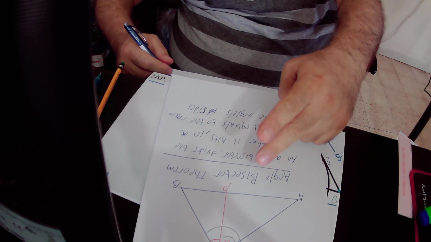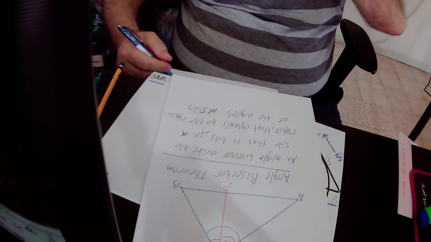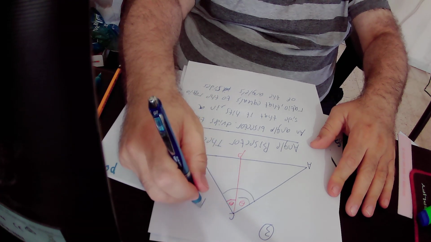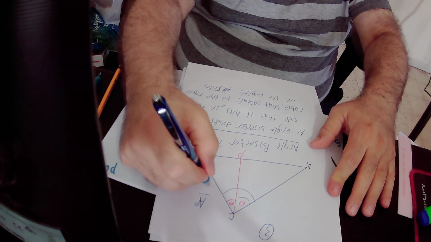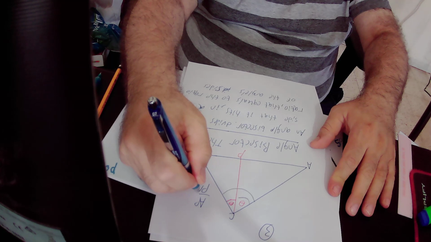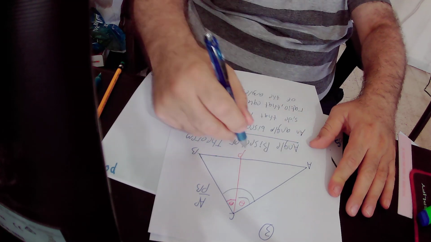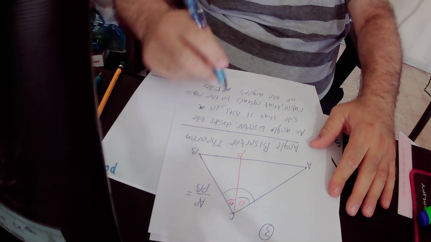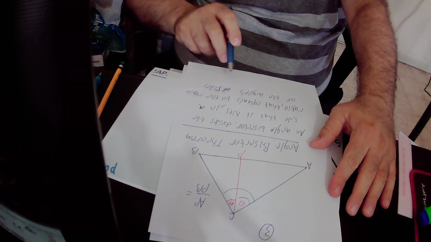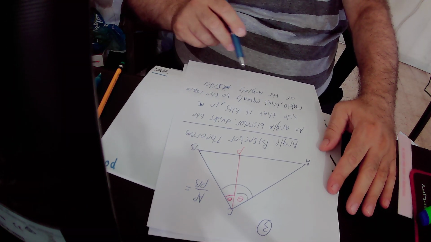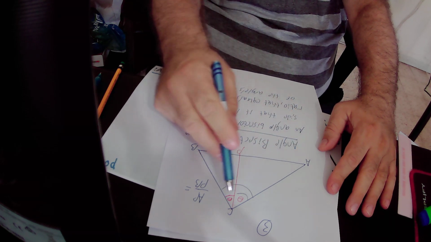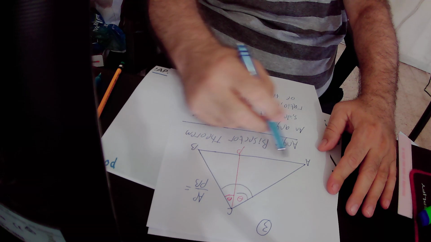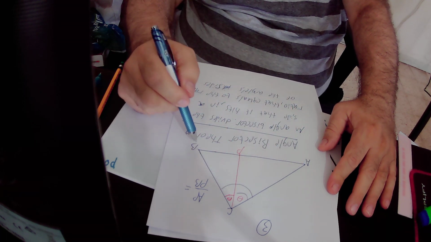So AP over PB equals the ratio of the angle's sides. We relate to the angle that is divided into two equal angles, that is to say angle ACB.